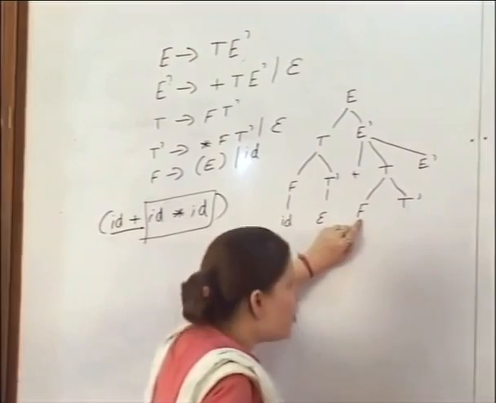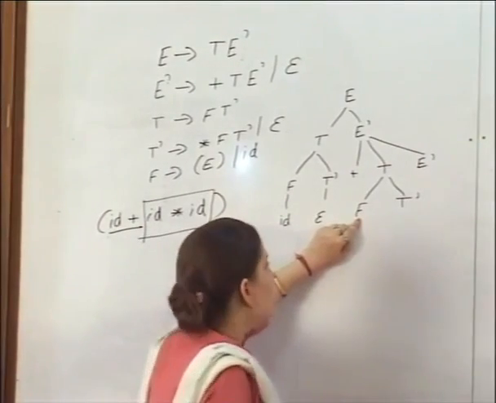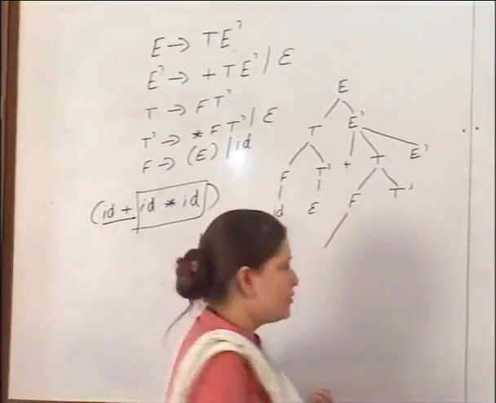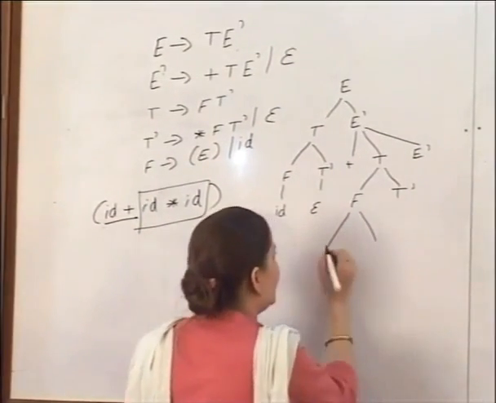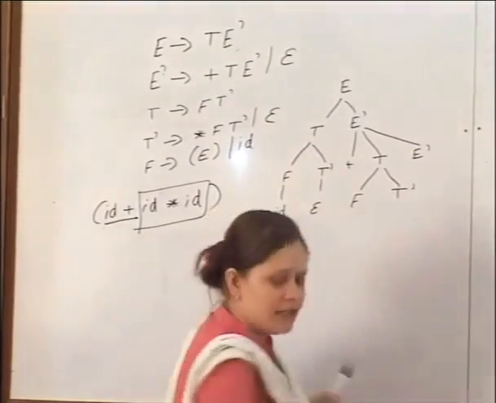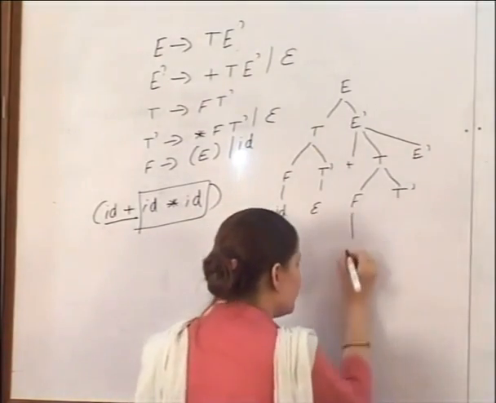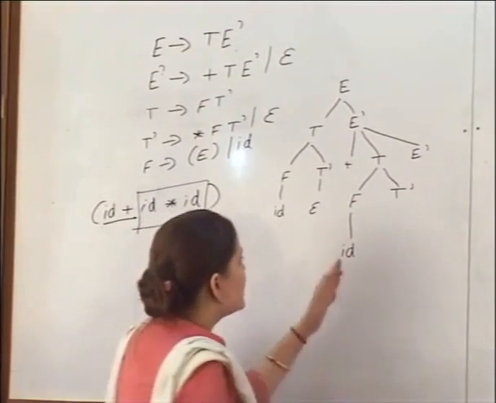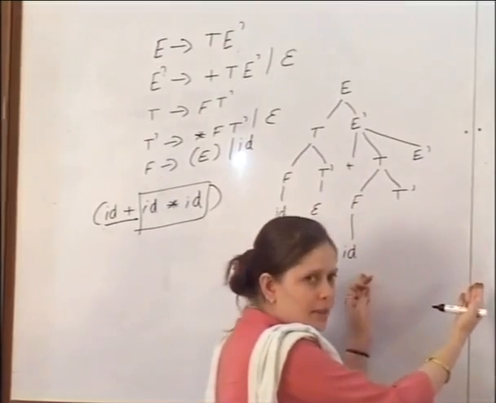For the leftmost leaf node, that is F, again it is appearing here as a non-terminal symbol. We will replace this capital F with its respective production, that is ID. Now scan the next sibling node.